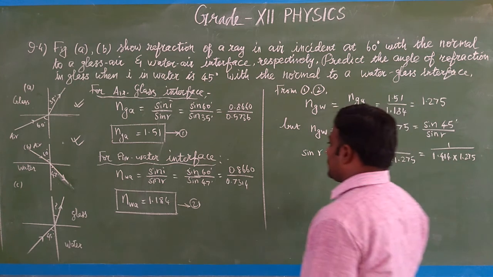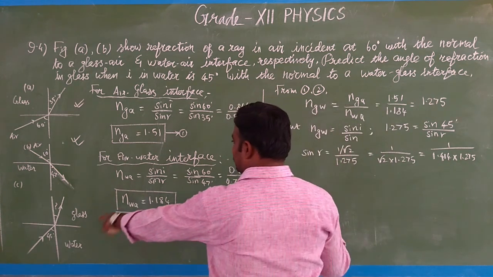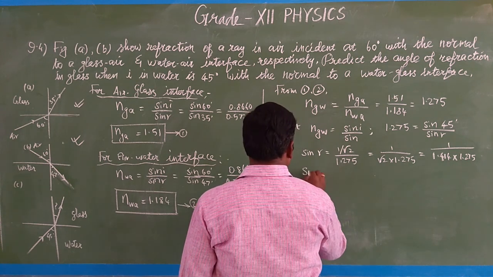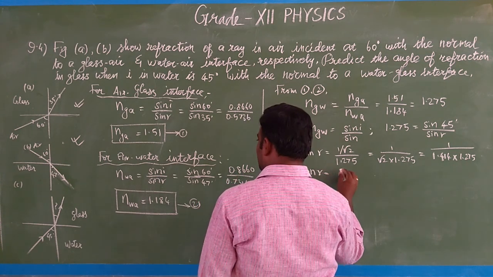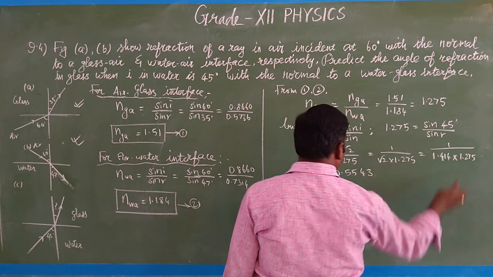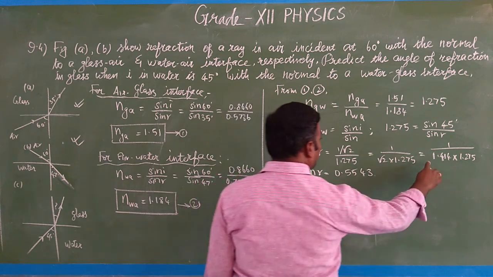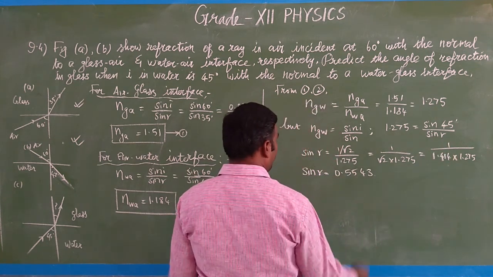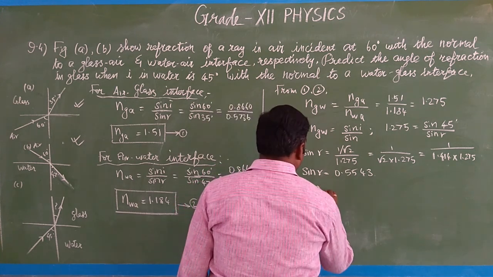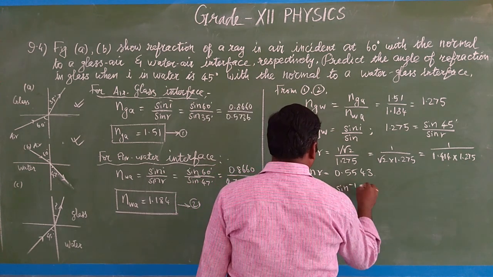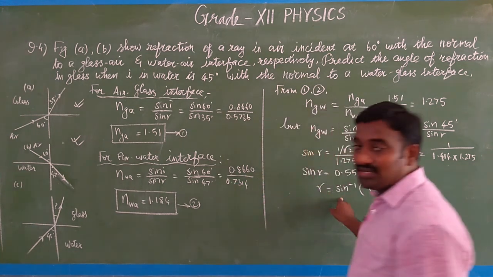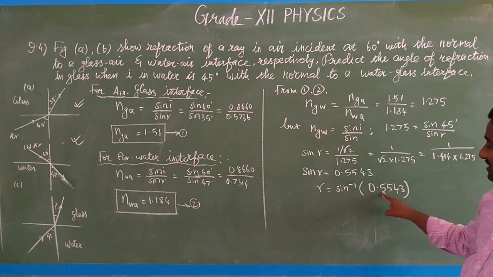From that we can get sin r, which is equal to 0.5543. Therefore, r is equal to sin inverse of 0.5543.